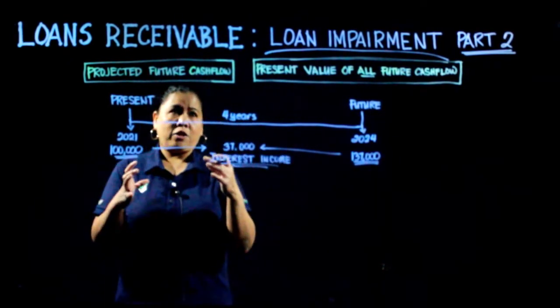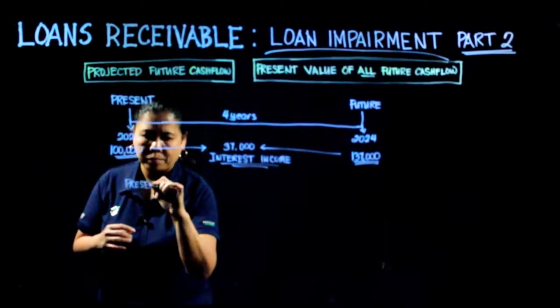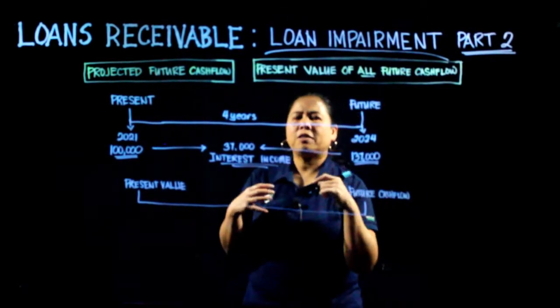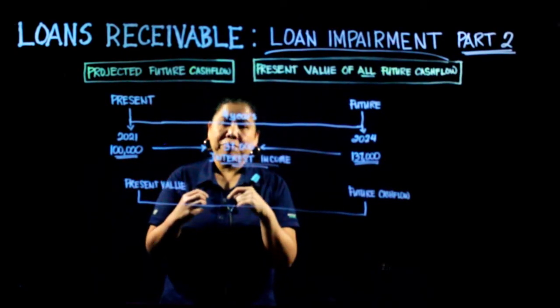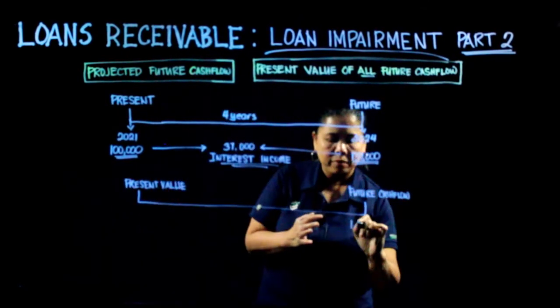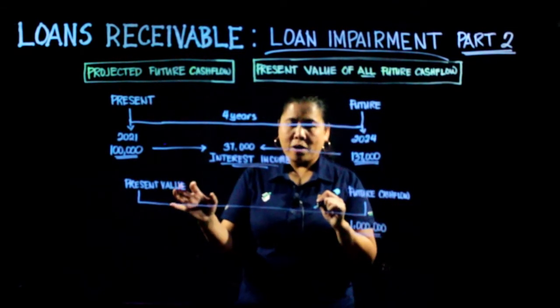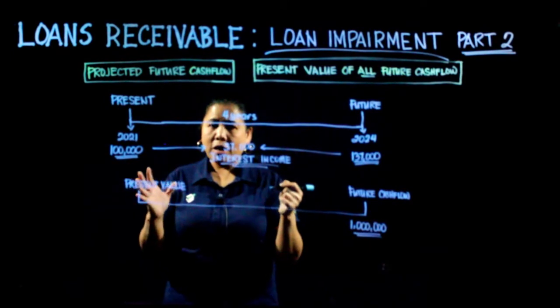Tingnan naman natin ngayon dito sa projected cash flow. Alright. So, for example, kung meron kang matatanggap na 1,000,000 after 4 years, na 1,000,000, right? Present value ang ibig sabihin niya, present, kasalukuyan, value, halaga.